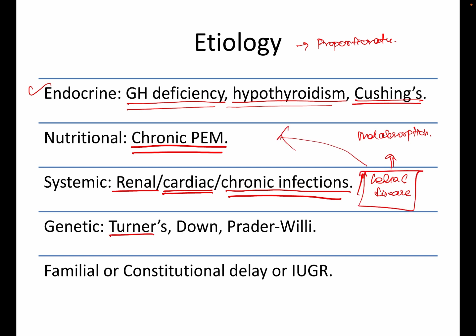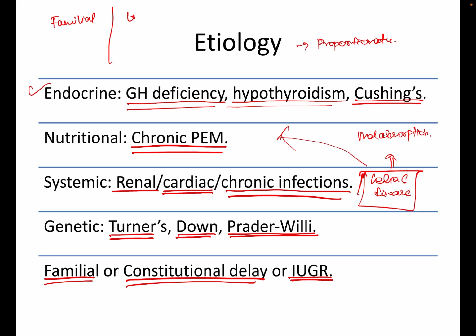Genetic causes include Turner syndrome, Down syndrome, and Prader-Willi syndrome. It could also be familial, constitutional delay, or intrauterine growth retardation. There is a difference between familial and constitutional delay. In familial, there will be a family history of dwarfism. In constitutional delay, there will be a family history of delayed puberty.